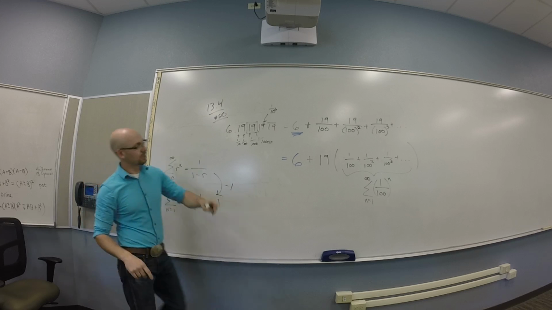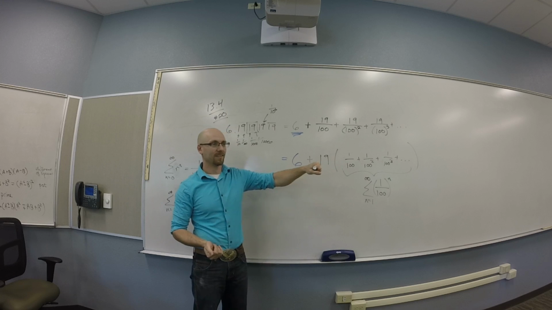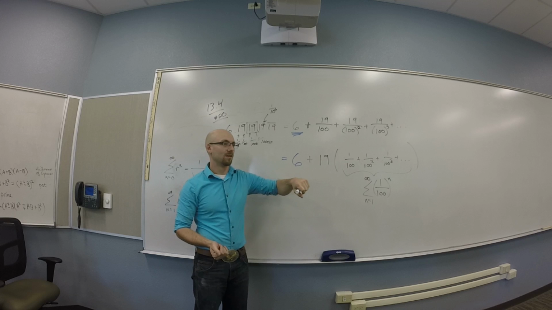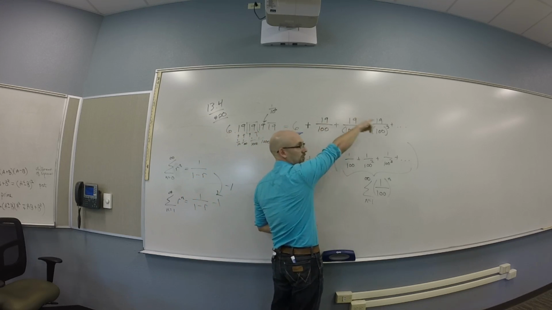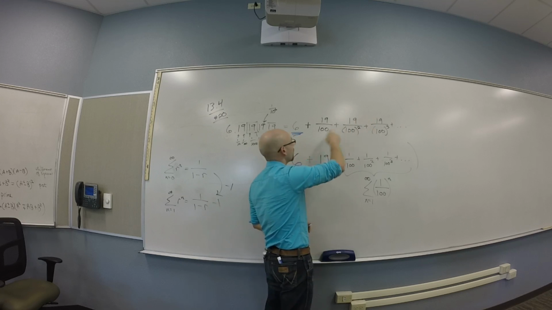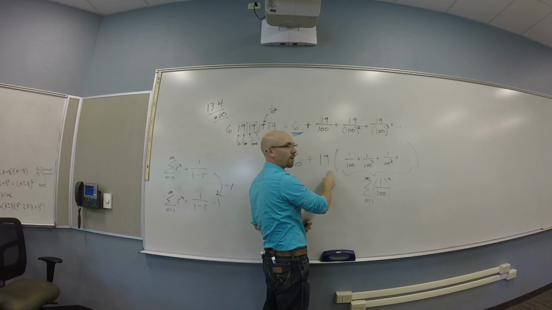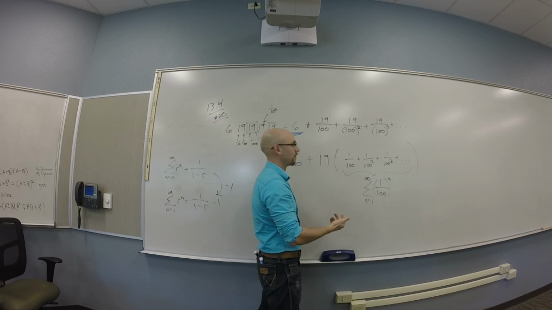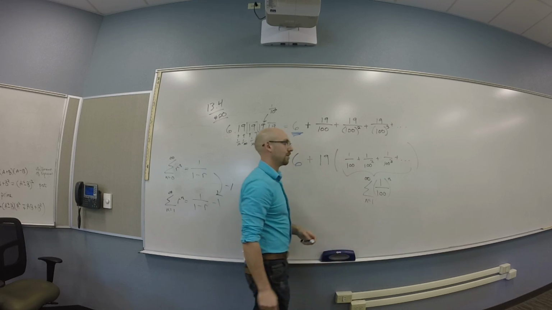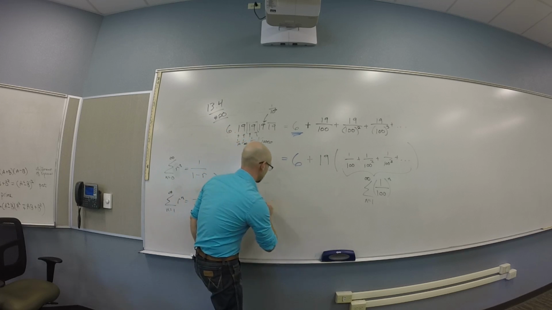A better idea might actually be to factor out of this. I could factor a 1 over 100. So if I factor out here I factored out a 19, right? Because there was a 19 in the top of everything. Well, there was 100 in the bottom of everything too. So I could have factored out a 19 over 100, and then I wouldn't be dealing with this problem. But whatever, I would just go ahead and use this since we developed it.